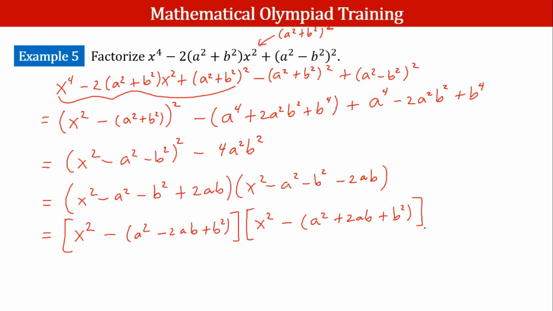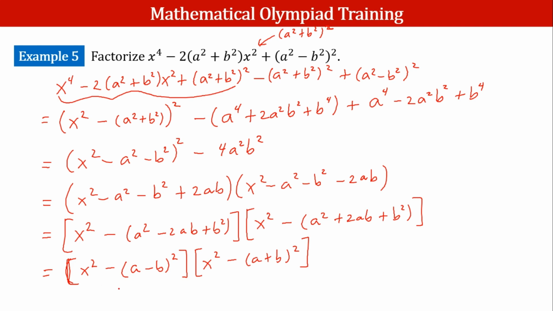Alright, now this is the same as x squared minus a minus b squared. The second group is the same as x squared minus a plus b squared. Now, once again, we have a perfect square.